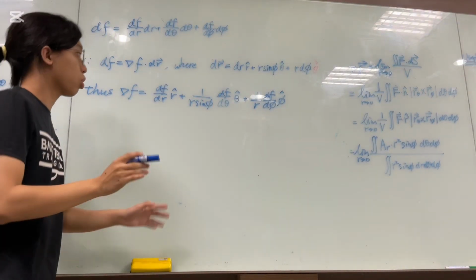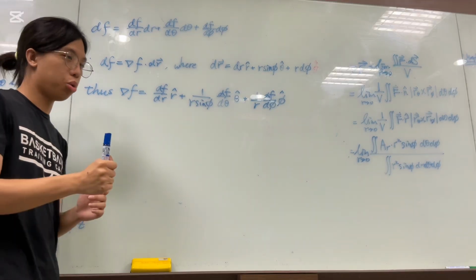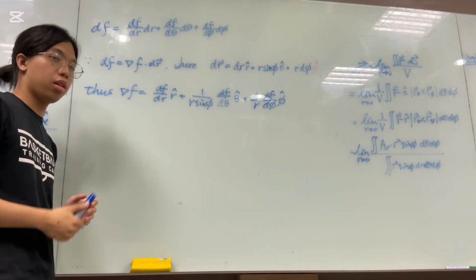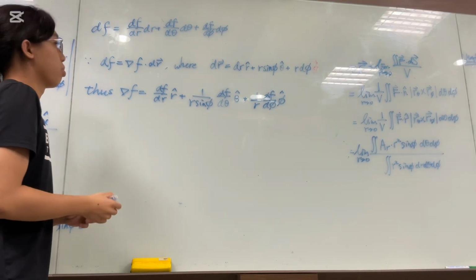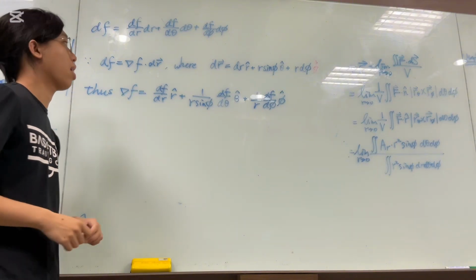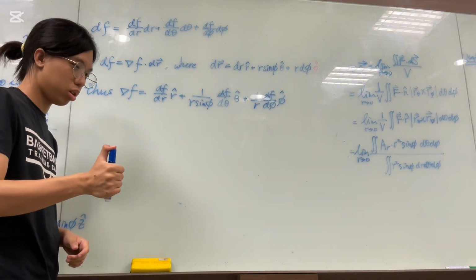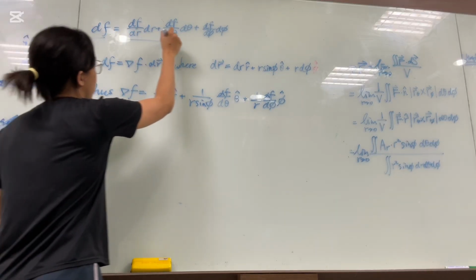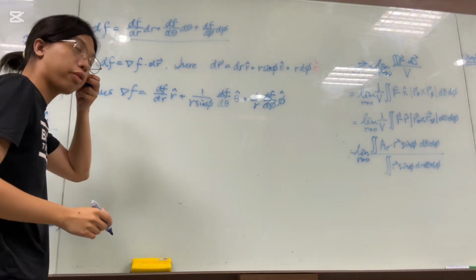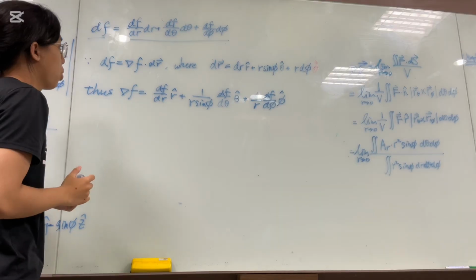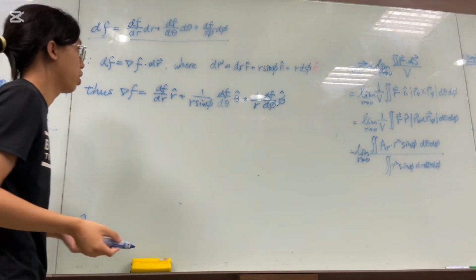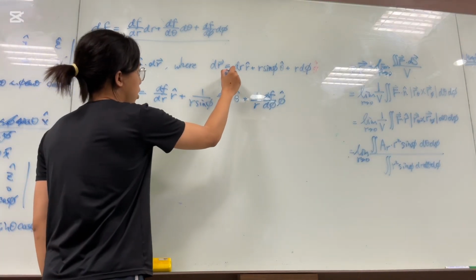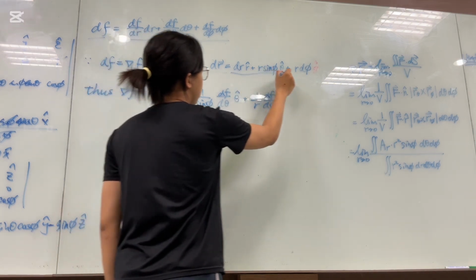So first we want to know the gradient in spherical coordinate system, and we know that the total differential is this. This is what we define as the total differential, and we know that for an arbitrary dr vector we can define it as this.